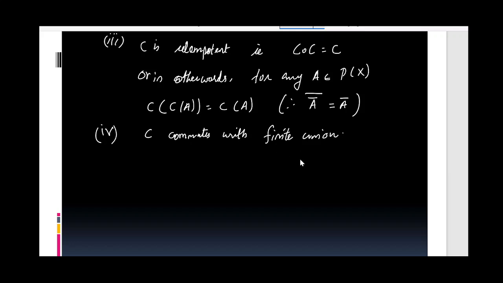This also we have proved, since the closure of A union B is equal to A closure union B closure. You proved this last class. So C commutes with finite union. This proof we have already done, so I am going to the next theorem, 1.5 theorem.